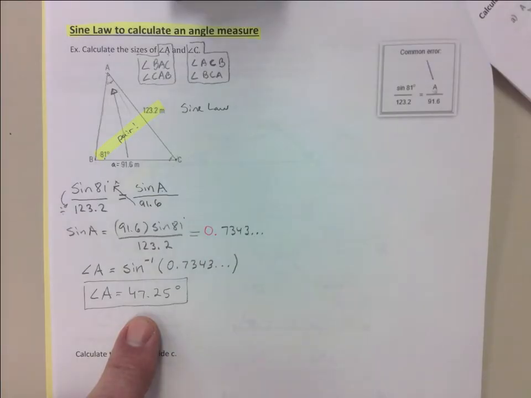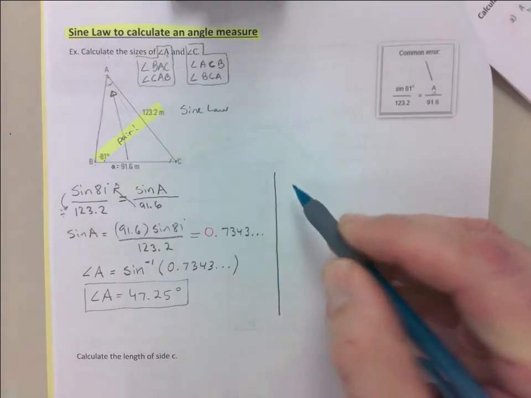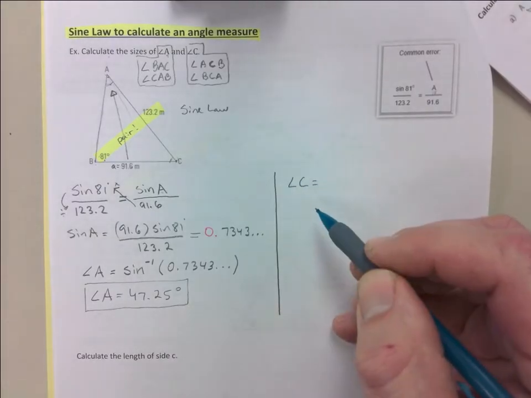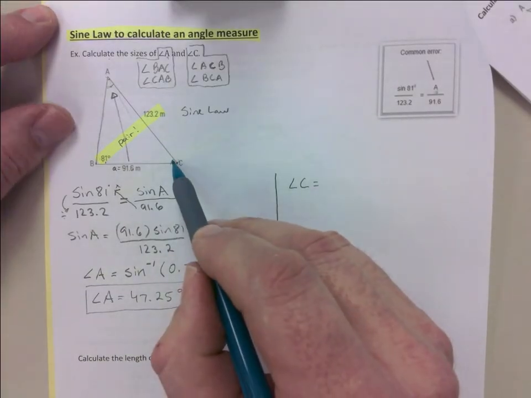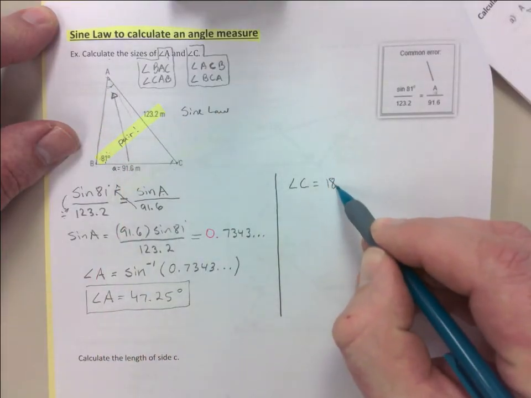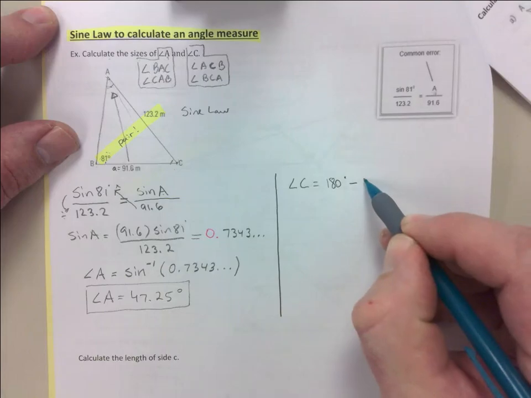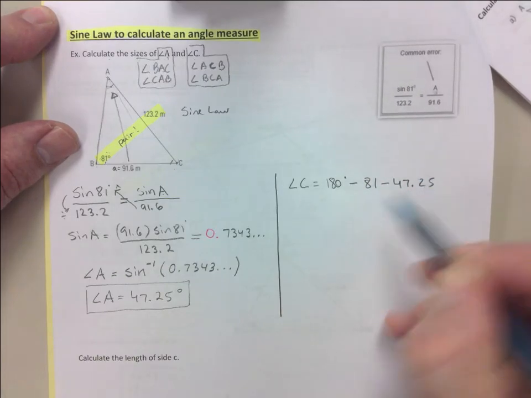Okay, so what do I need to do now to solve for the other angle? Subtract, right? Please just know that to solve for angle C, since I know these other 2, I'm just going to go 180 minus 81 minus 47.25.